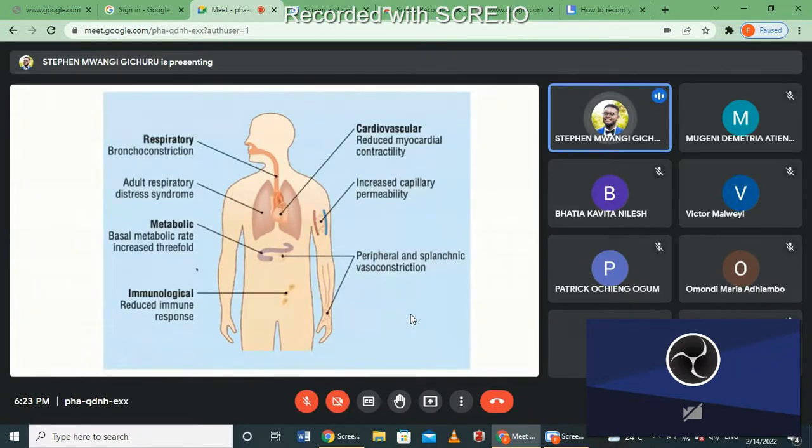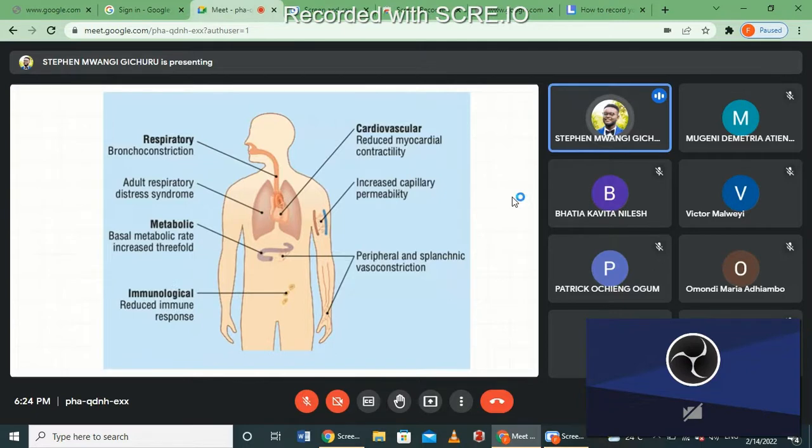We have systemic changes. This is the second one, which only occurs when the total body surface area affected by the burn is more than 30%. You don't get it if it's less than 30%. When we're talking about cardiovascular, you tend to have increased vascular permeability. Peripheral capillary permeability is increased, which usually leads to losses of proteins and fluids.